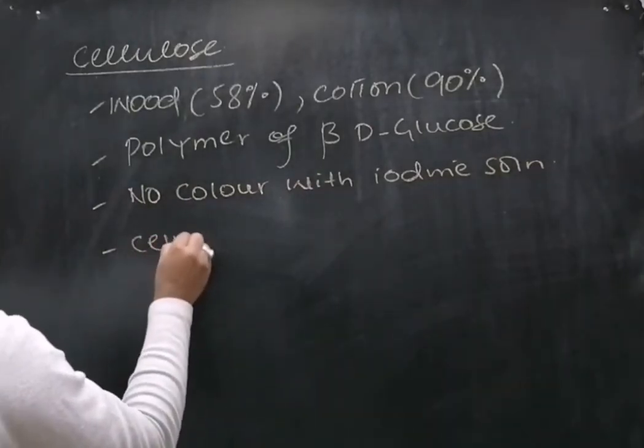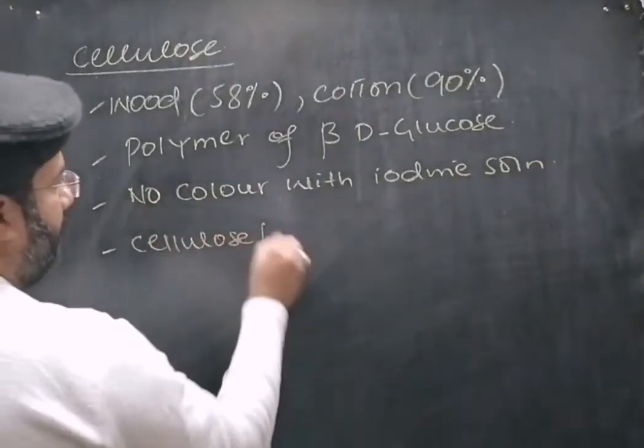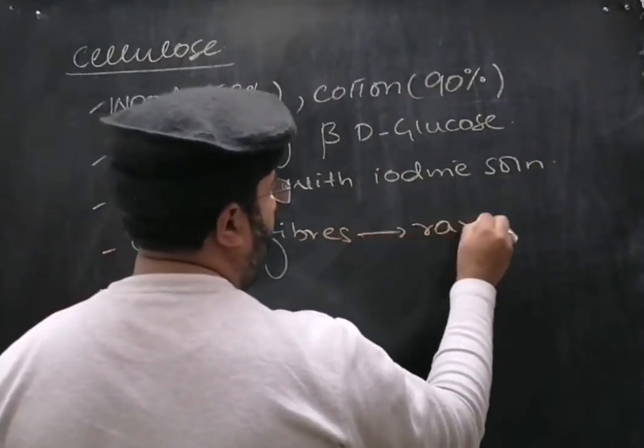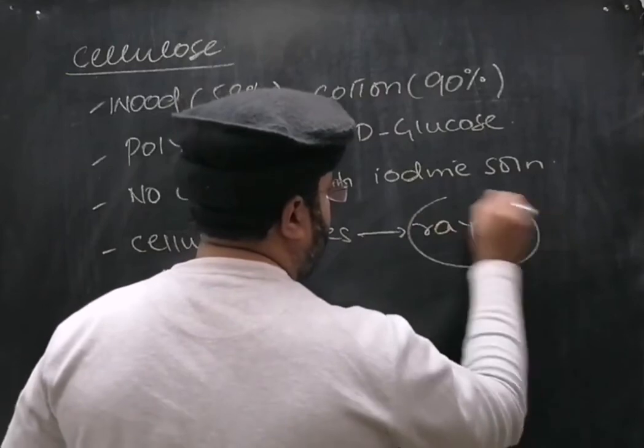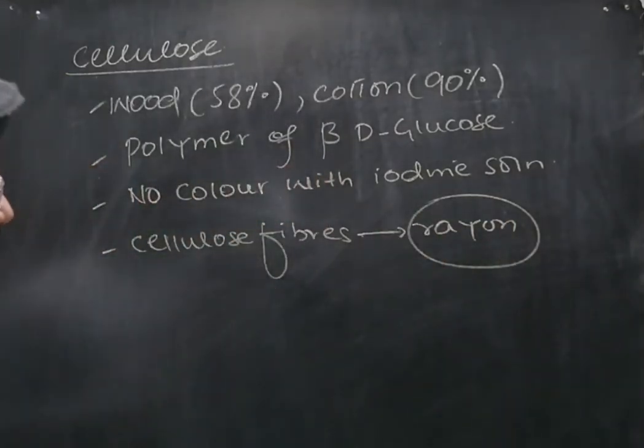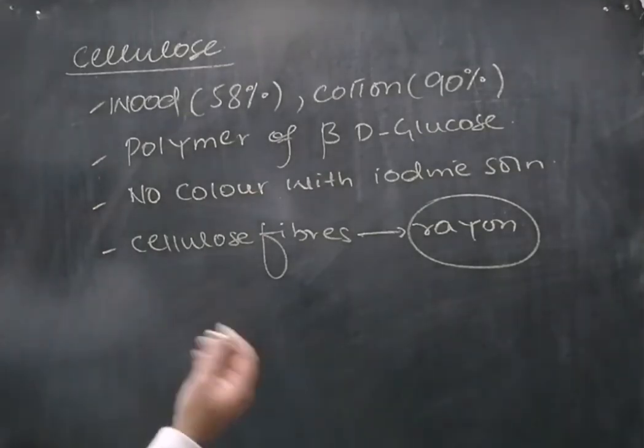The cellulose fibers are called rayon, which is a very common fiber in the textile industry used for the manufacture of textile fibers or fabric.